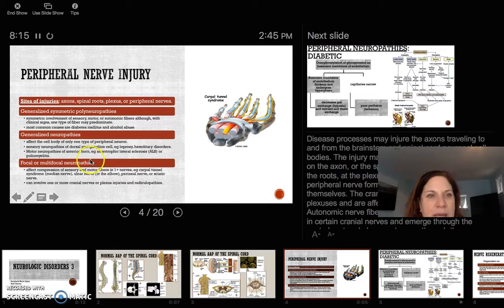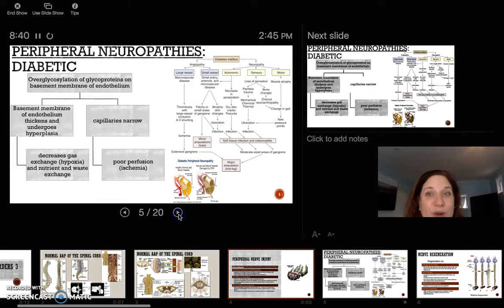So that can be something like ALS, or poliomyelitis, or we can have a focal or multifocal neuropathy. So when we have an area like in carpal tunnel syndrome, where only a certain nerve, the median nerve is affected or the ulnar nerve is affected, that is a focal or multifocal neuropathy.